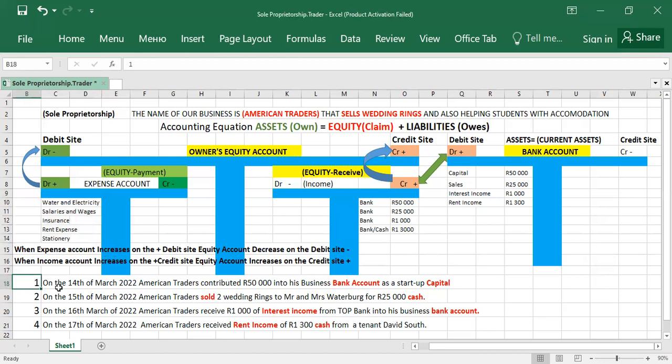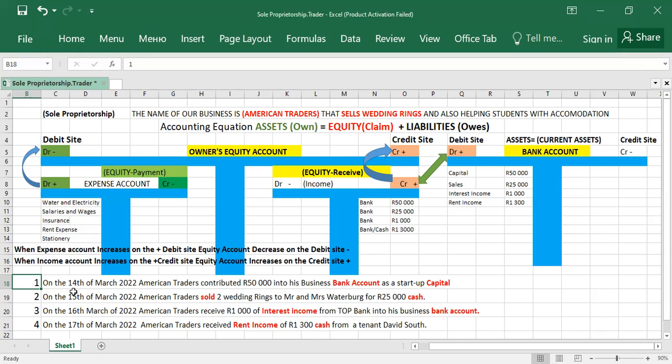The first question says, on the 14th of March 2022, American Traders contributed 50,000 into his business bank account as a startup capital. Right. Now, I have highlighted important keywords that will help us to identify which accounts are being affected by these questions regarding our owner's equity account and our asset account, which is bank.